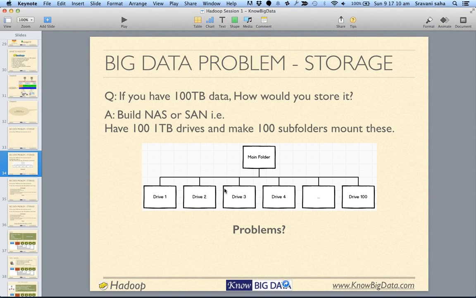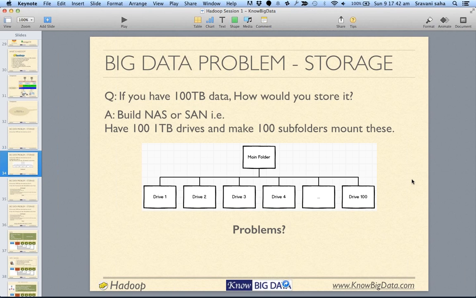The problem with that approach, where we are allotting one alphabet to one drive, would be that there would be too many movies starting with A but too few movies starting with B. Similarly, there will be too many movies starting with THE, while there will be too few movies starting with Q. So we'll have to create sort of an index saying these are the movies stored on drive 1, these are the movies stored on drive 2, and so on.